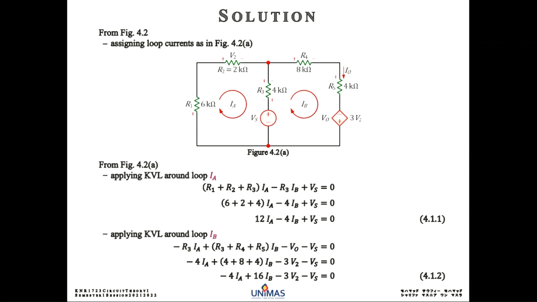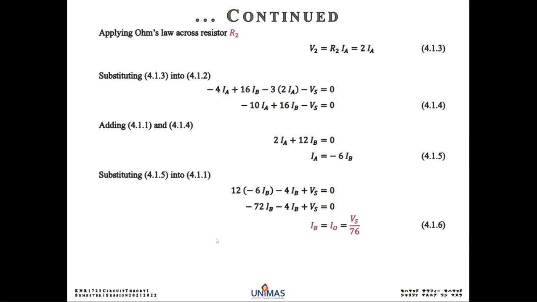If you do your mesh analysis, I'm not going through this because this is just lesson 3's part. Okay, you apply KVL around Ia, you apply around Ib, so you have two equations there.